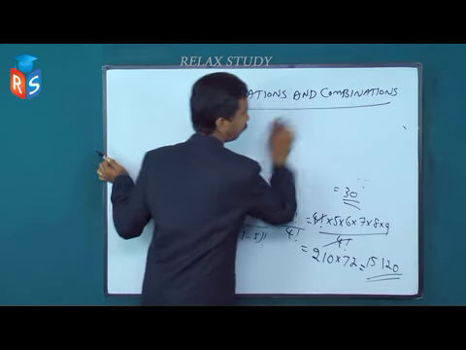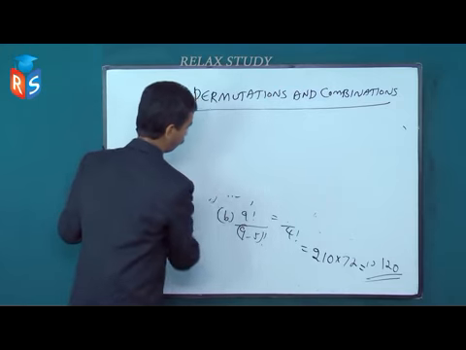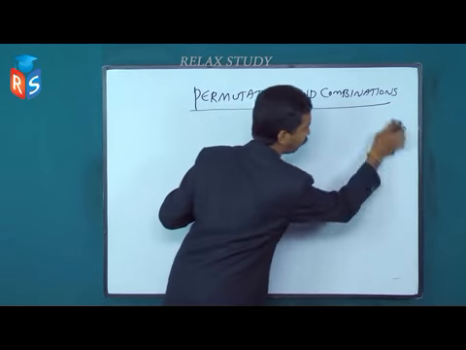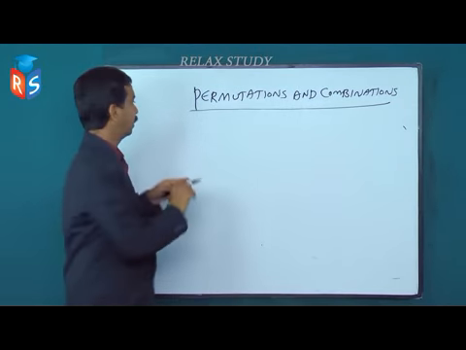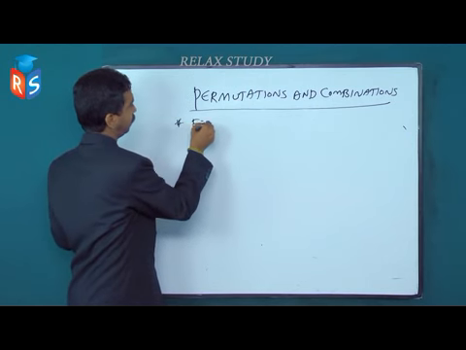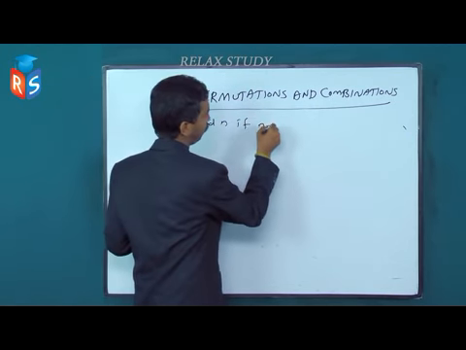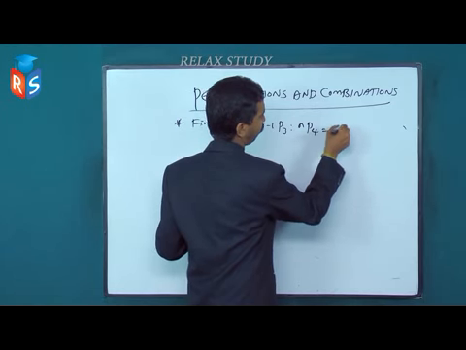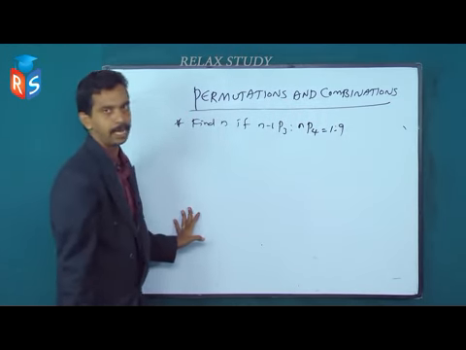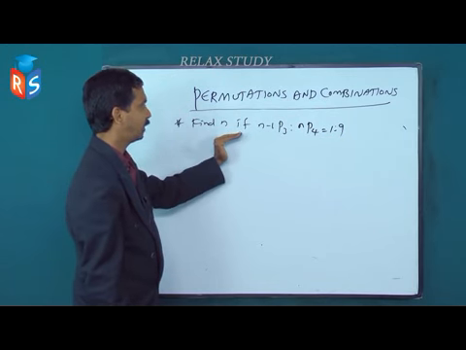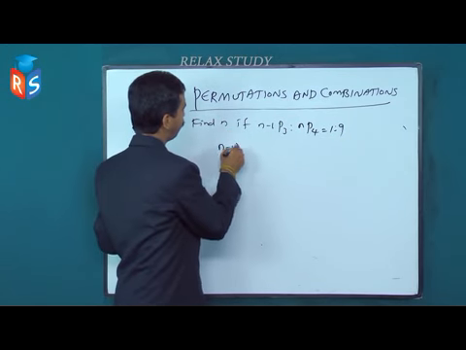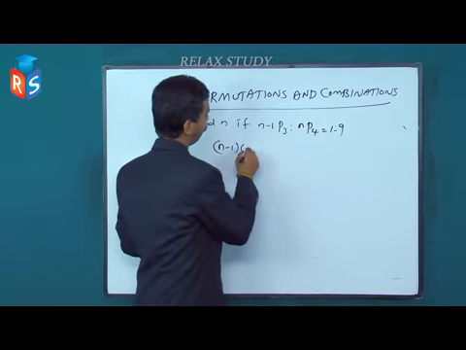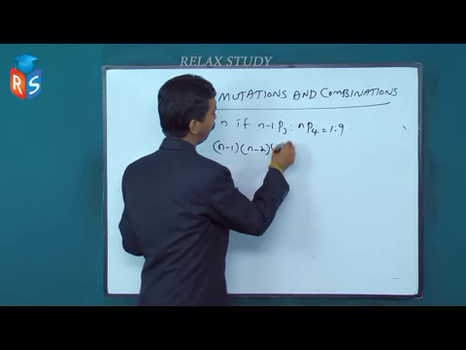Next one, find n if n minus 1 P3 is to n P4 equals 1 is to 9. n minus 1 P3 means, for an easy method, we can start from n minus 1 and go 3 numbers back: n minus 1, n minus 2, n minus 3.